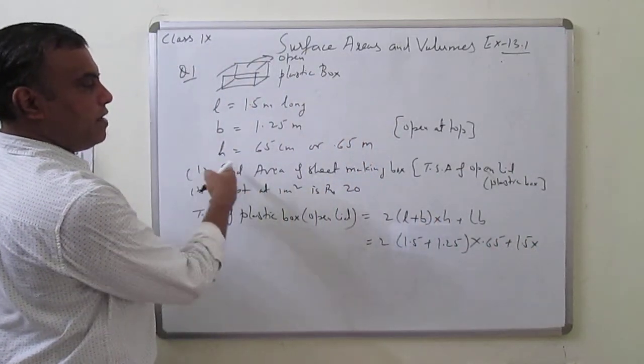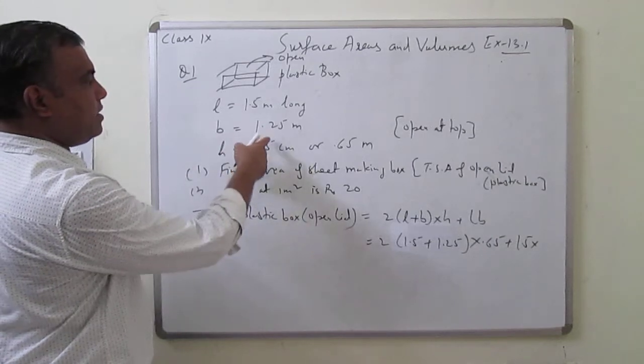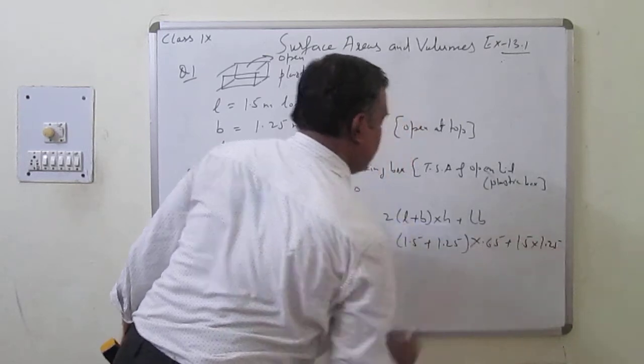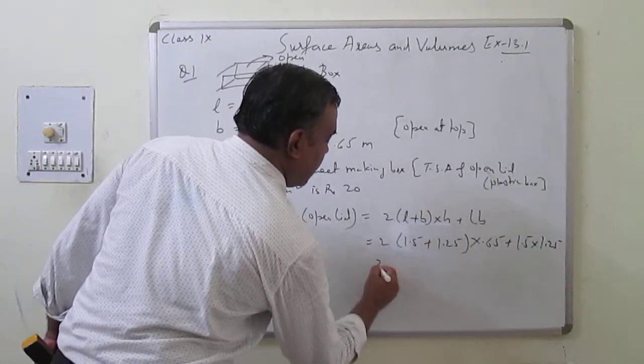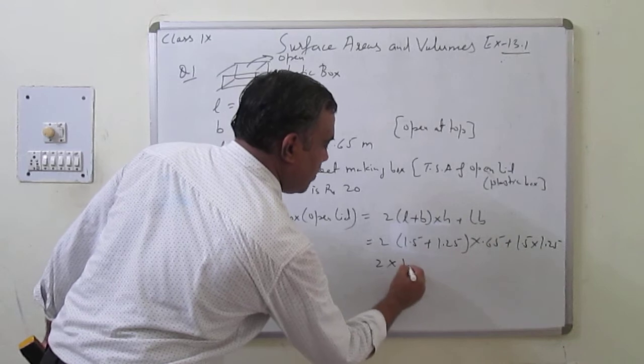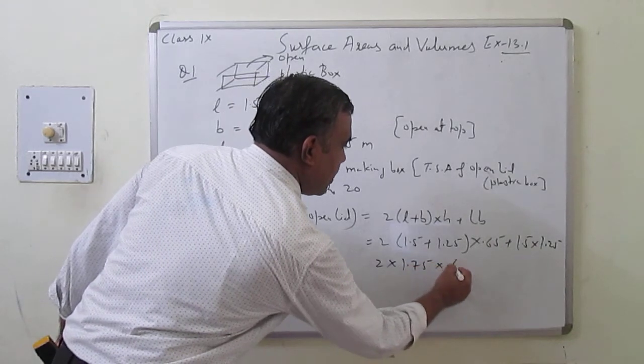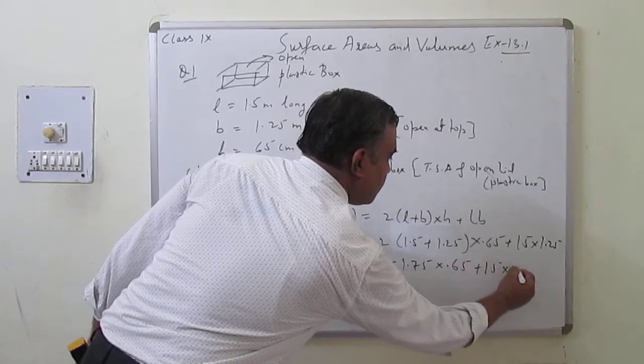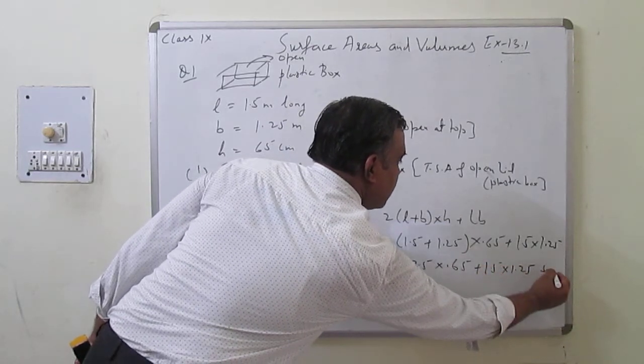Now you add it, you will get 2 into 1.75 into 0.65 plus 1.5 into 1.25, that is square meter.